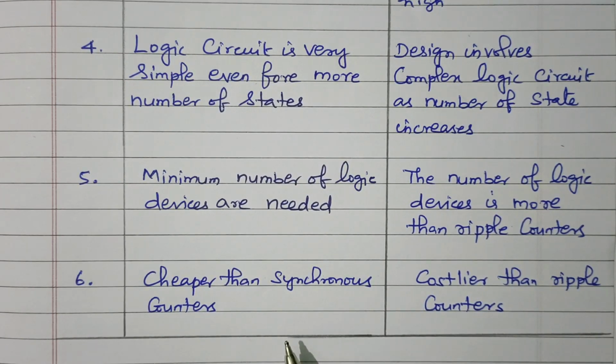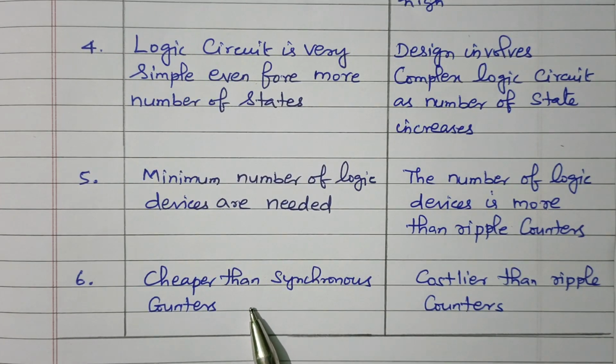So the only disadvantage of the asynchronous counter is the propagation delay, the speed of operation is low, but the design is very easy. No need to worry about the logic circuit, right? One-by-one flip-flops are connected: the output of one flip-flop is connected to the clock pulse of the next flip-flop. So the number of logic devices is very low, the speed is lower, but the design is very simple.